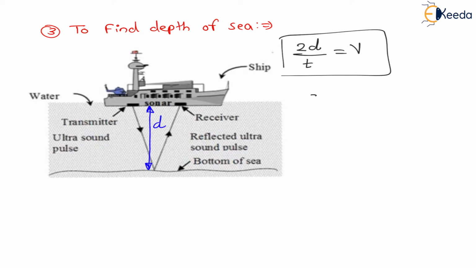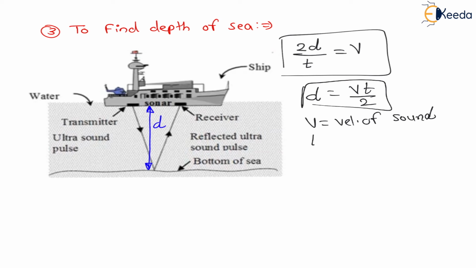Therefore the depth d is equal to vt divided by 2, where v is the velocity of ultrasonic sound, and t is the time taken to receive the signal, the time taken to return the echo, or the reflected ultrasonic sound waves, right?